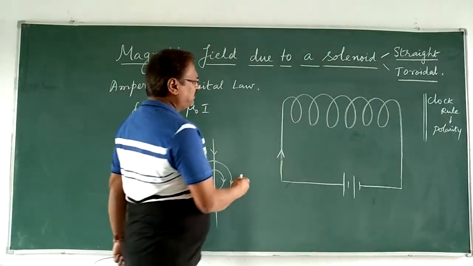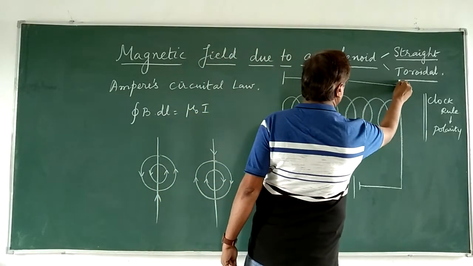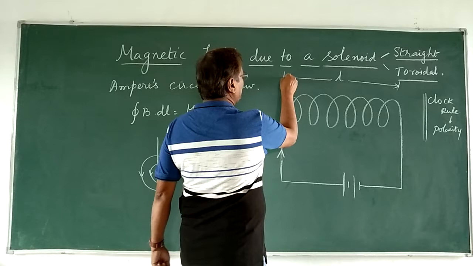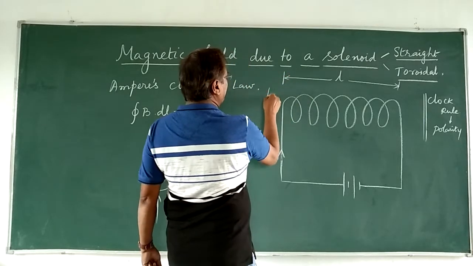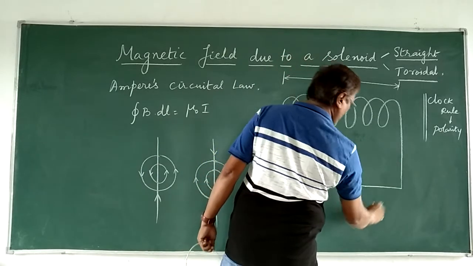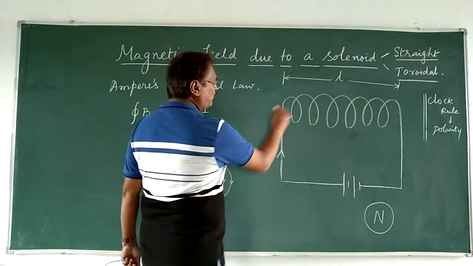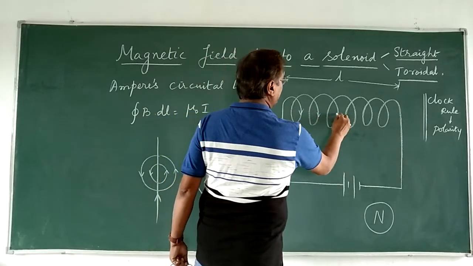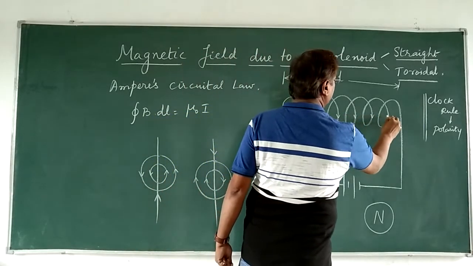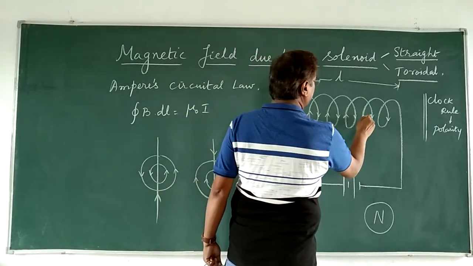Now we move on to a solenoid. Let us say the length of the solenoid is L, and it has n number of turns. Now current is flowing through the loop, and again it is going back in the other part of it like this.